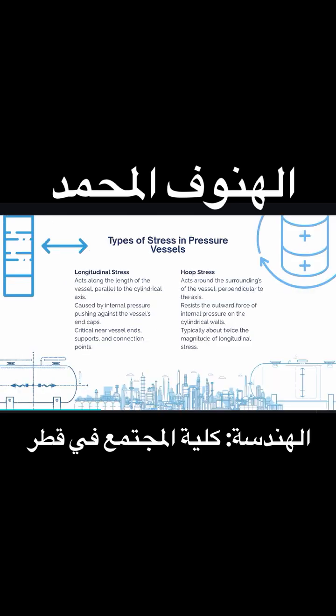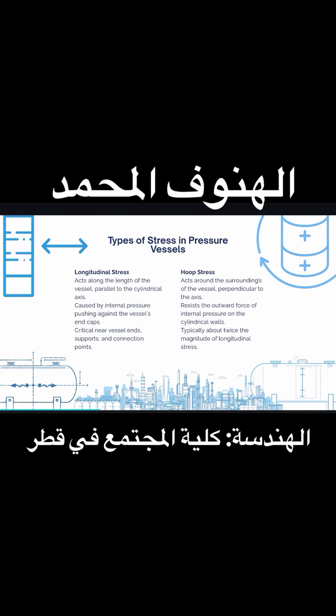There are two types of stress in pressure vessels. The first one is longitudinal stress, which acts along the length of the vessel, parallel to the cylindrical axis. It is caused by internal pressure pushing against the vessel and its caps, and is critical near vessel ends and support and connection points.